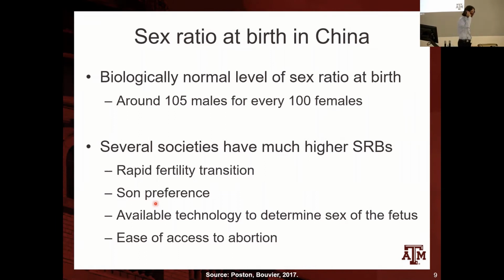So just this fact of having an unbalanced sex ratio at birth in specific countries has effects on the future decades of how that country is going to have to deal with the composition of the population by age, right? And by sex.